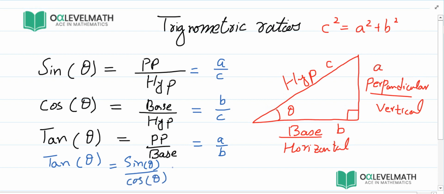How? Let's look at this: A over C and B over C. If we simplify this, it becomes A over B, which is tan theta.